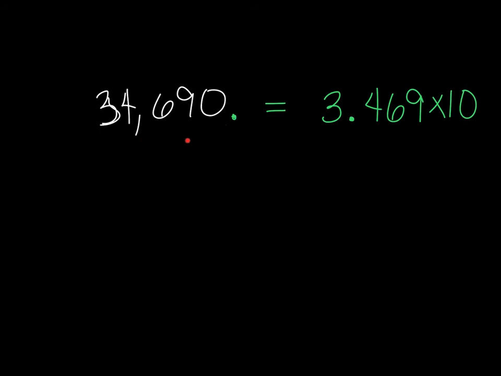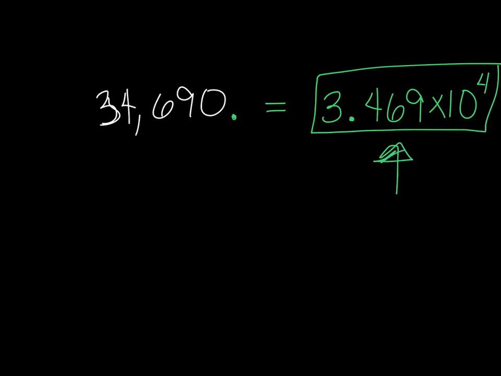So I need it to go 4 so that it becomes bigger. So I need this number to be a positive 4. Okay, so now when you're done putting it in scientific notation, someone else should be able to come along and say, what do I need to do to get my original number? I need to move it 4 to the right so that it becomes bigger by 4 decimal places.